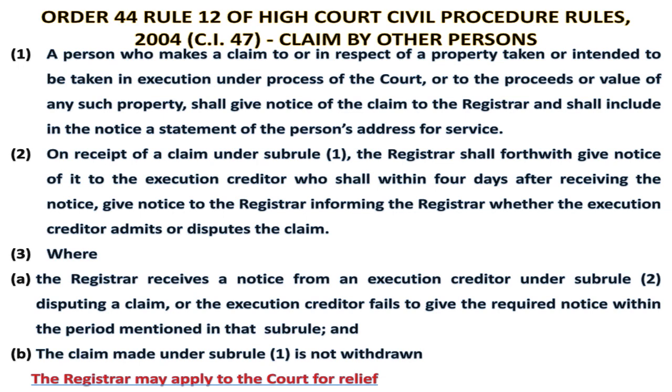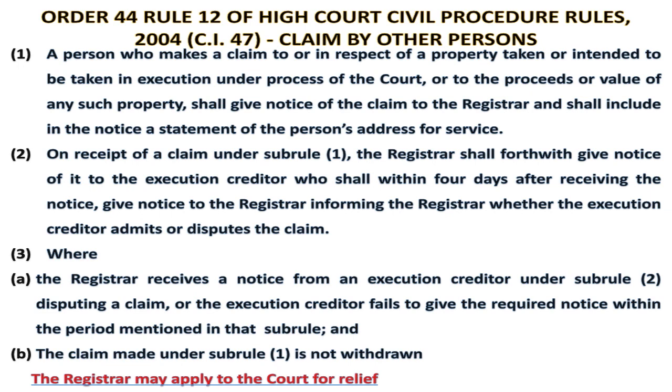So, Order 44 Rule 12 Sub Rule 1 says that a person who makes a claim to or in respect of property taken or intended to be taken in execution and the process of the court, or to the proceeds or value of any such property, shall give notice of the claim to the registrar, and shall include in the notice a statement of the person's address for service. Order 44, Rule 12, Sub Rule 2.